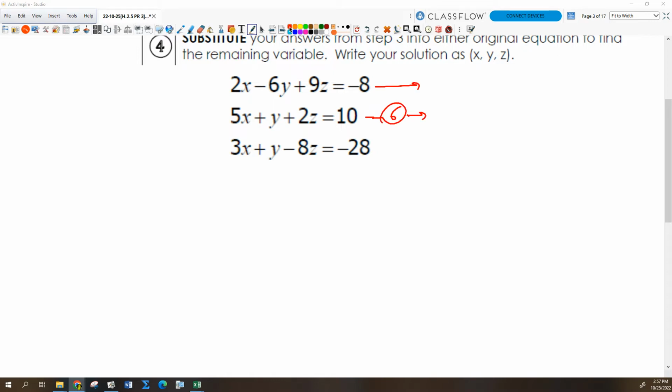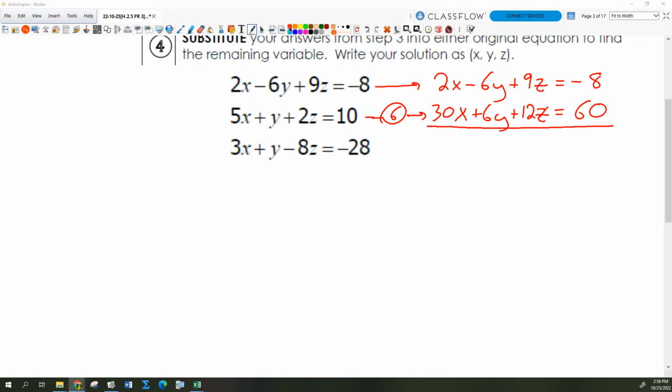So that's going to give me 2x minus 6y plus 9z equals negative 8, and 30x plus 6y plus 12z equals 60.